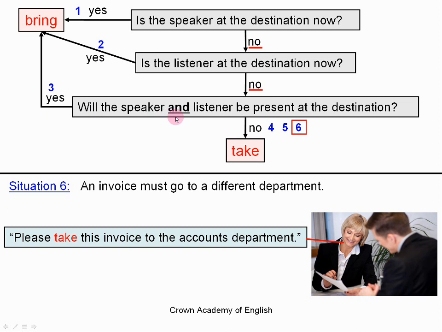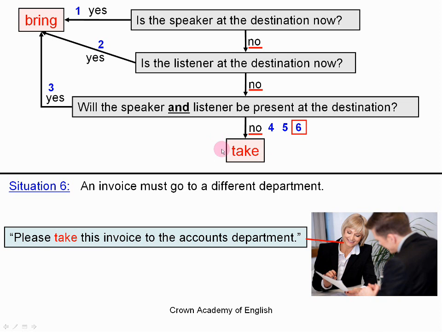And will the speaker and the listener be present at the destination? Will they spend time at the destination? No, because Jane is staying here. It is only the man who is going to the accounts department. So the answer here is no.